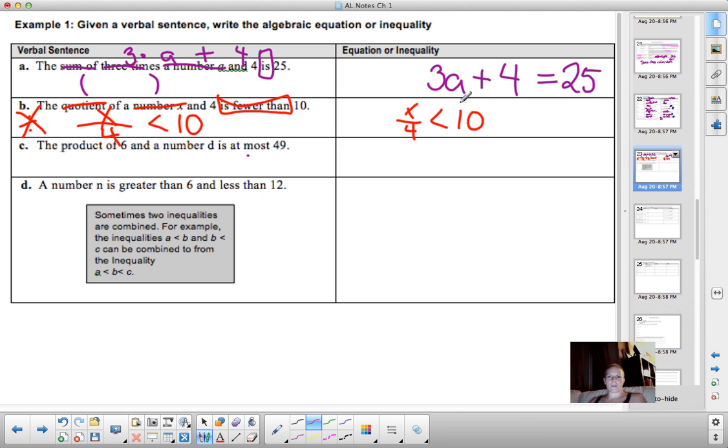And I don't know if you've ever been stumped by which inequality to use when, but when you look at this, I always think that the smaller part of the inequality should always go to the smaller part of the symbol, so that the fraction is at the little end and the 10 is at the big end of that inequality.